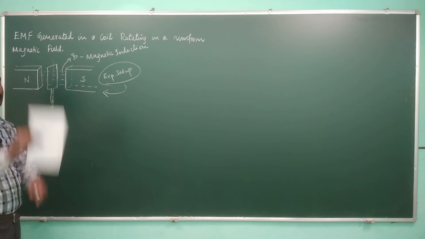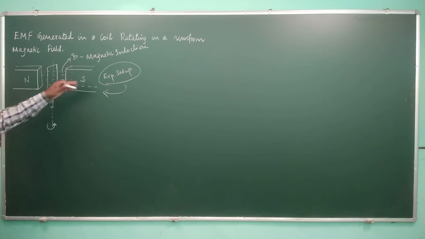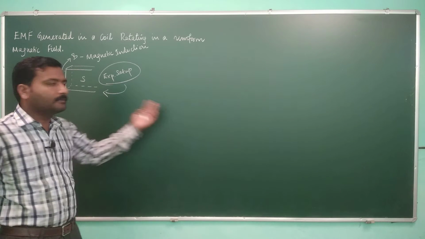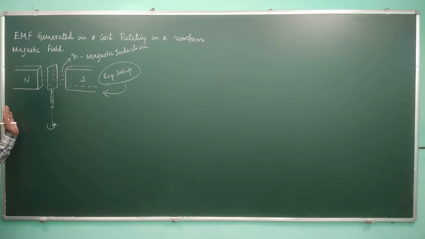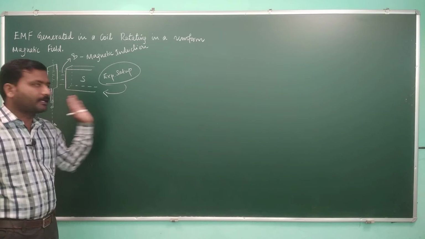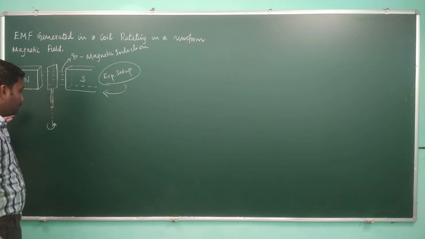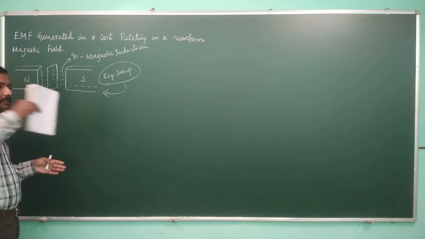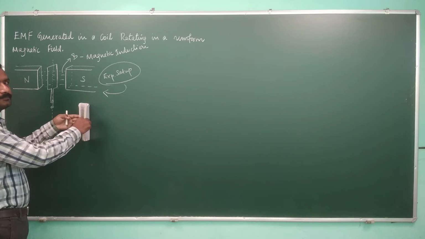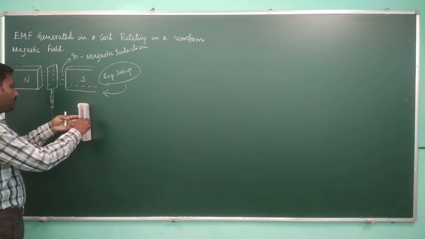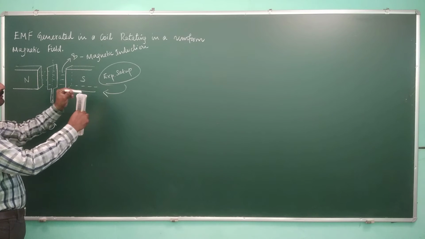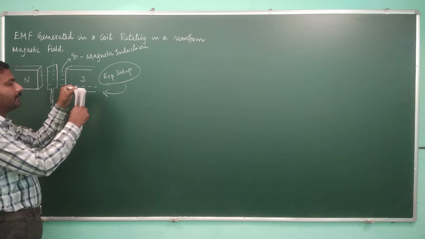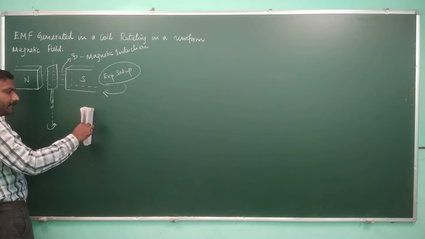The plane of the board is the direction of the magnetic induction, which means the field lines traverse from north pole to south pole. Now we place this rectangular coil perpendicular to that, so the angle between the magnetic field direction and the coil is 90 degrees.